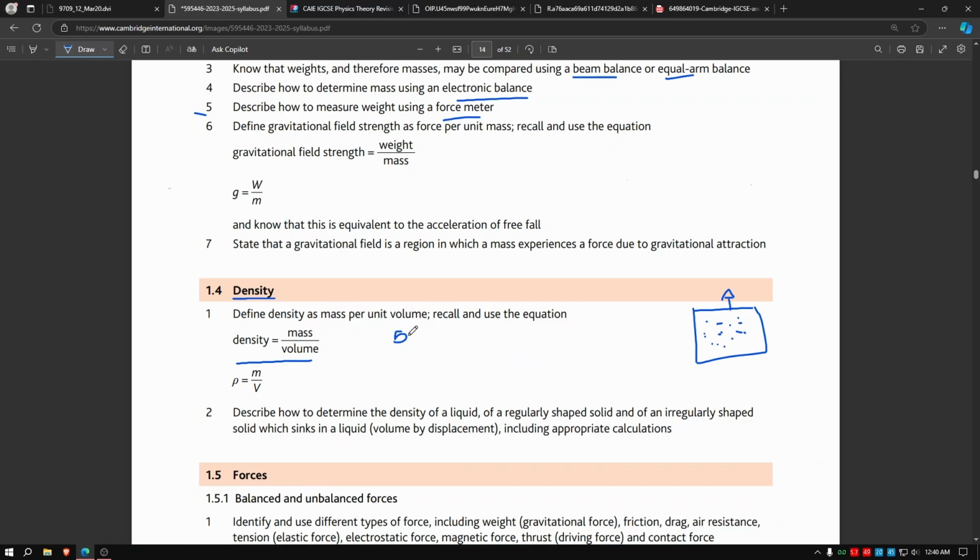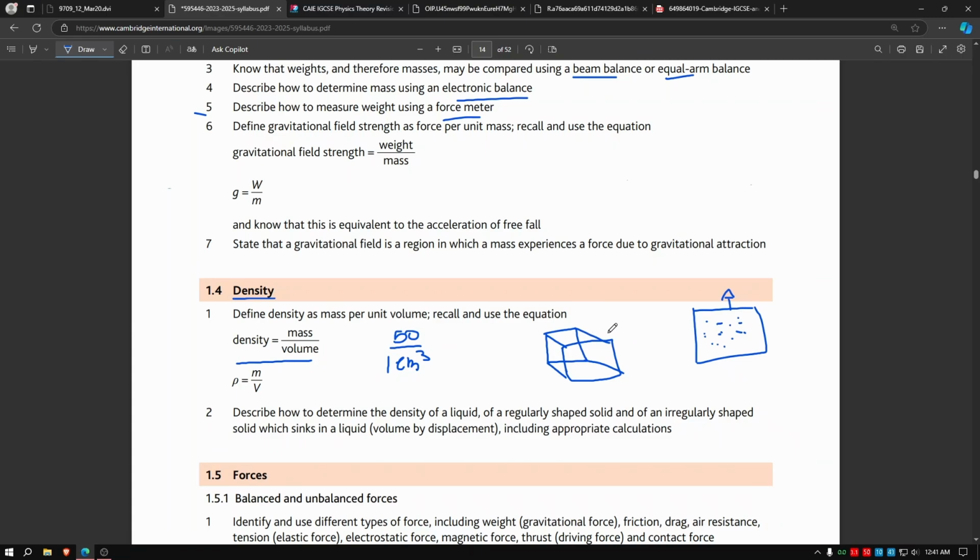So let's just say 50 particles per 1 cubic meter, right? So what is 1 cubic meter? Let's just say you have a box, then draw a three-dimensional box. The volume inside will be, let's just say, 1 cubic meter.